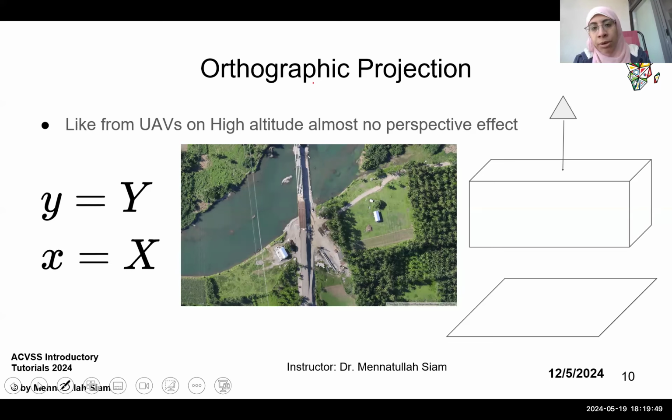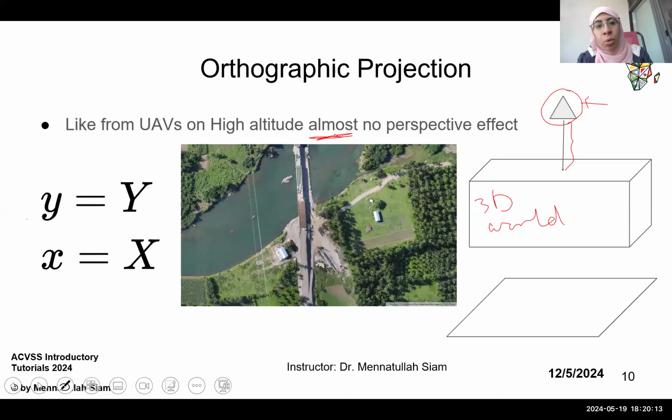So if you have a camera at a very high altitude, let's say I have here a UAV, and this is my 3D world, and I have the UAV from a very high altitude, it's very hard to perceive depth, and there is almost no perspective effect.